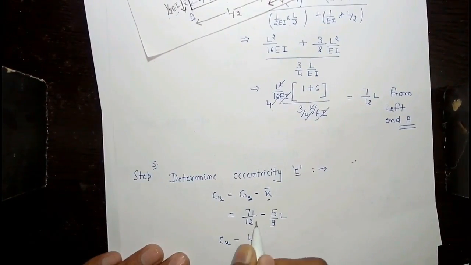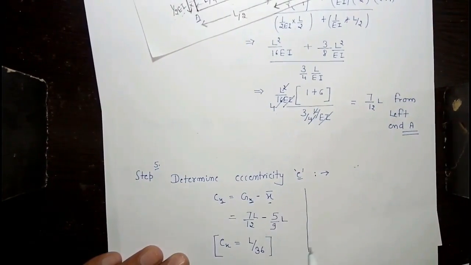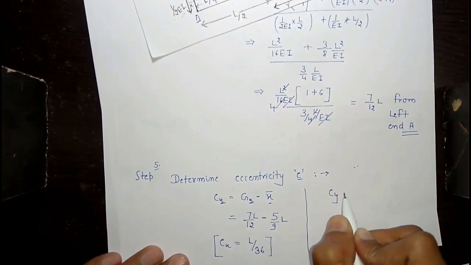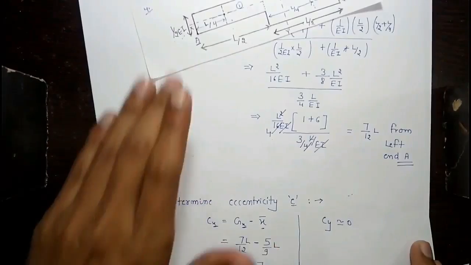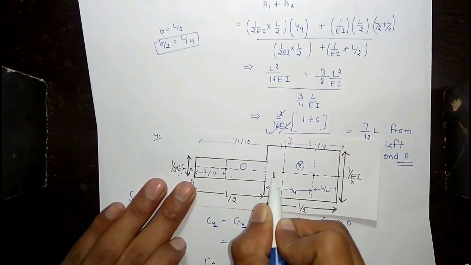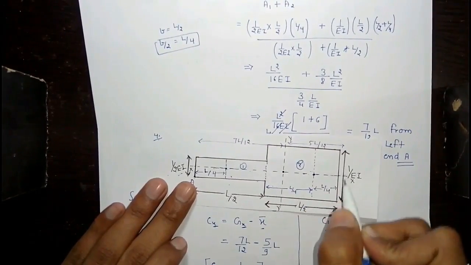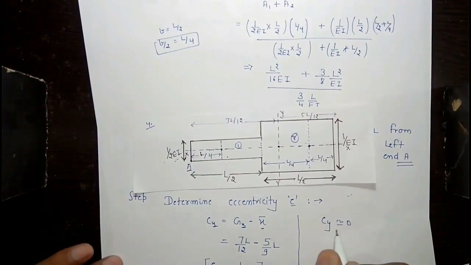And Ex will be L by 36. Now eccentricity in y direction will be negligible or equal to 0 because the width of the column, 1 by EI and 1 by 2 EI, is very small. So eccentricity in y direction will be 0.